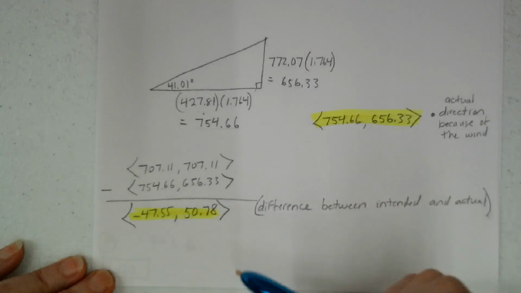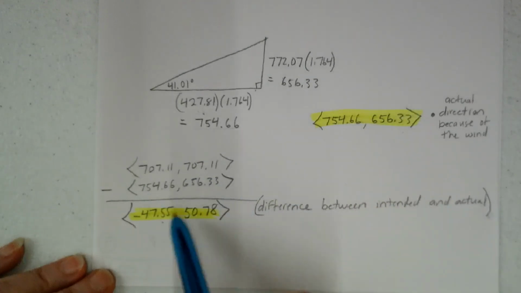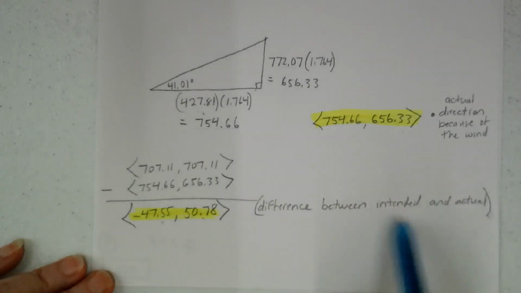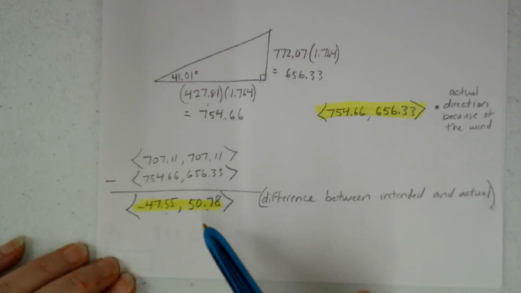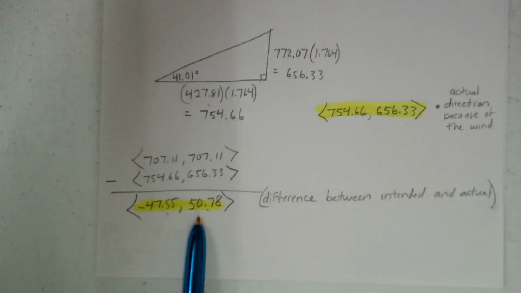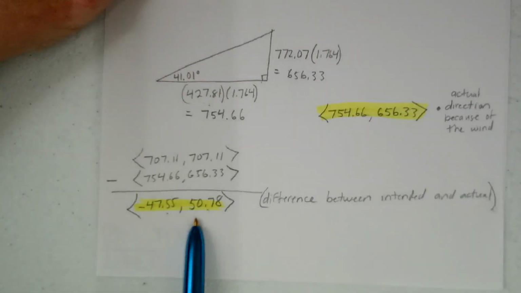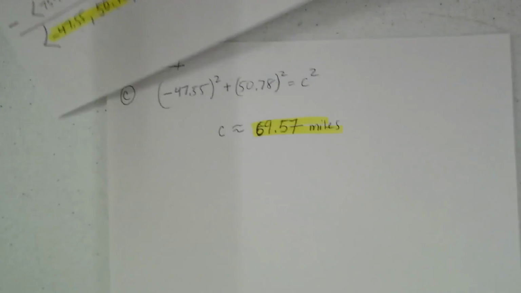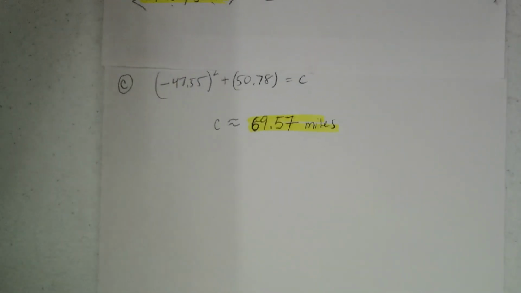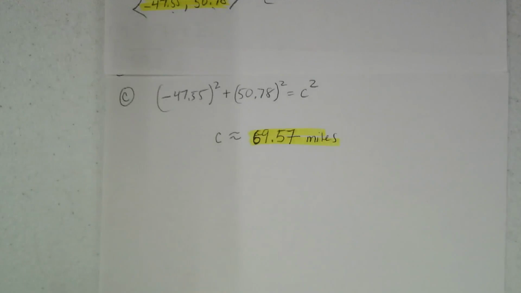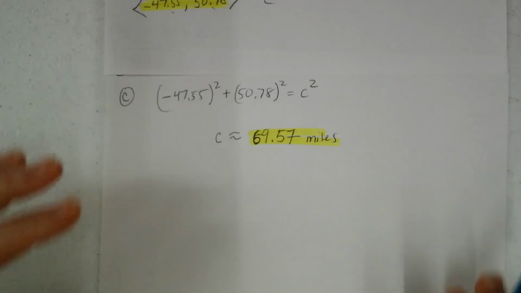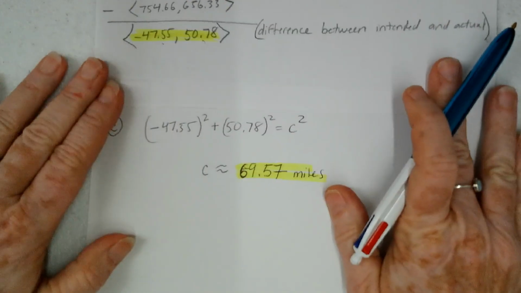So this is the difference vector. I don't even care about the direction. They just want to know how far. So really, I just need the magnitude. I'm not going to bother with the direction because I think we already have that.